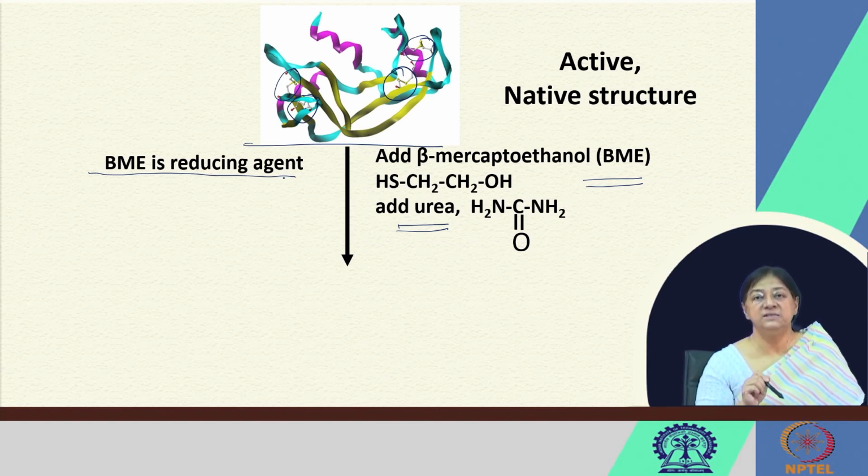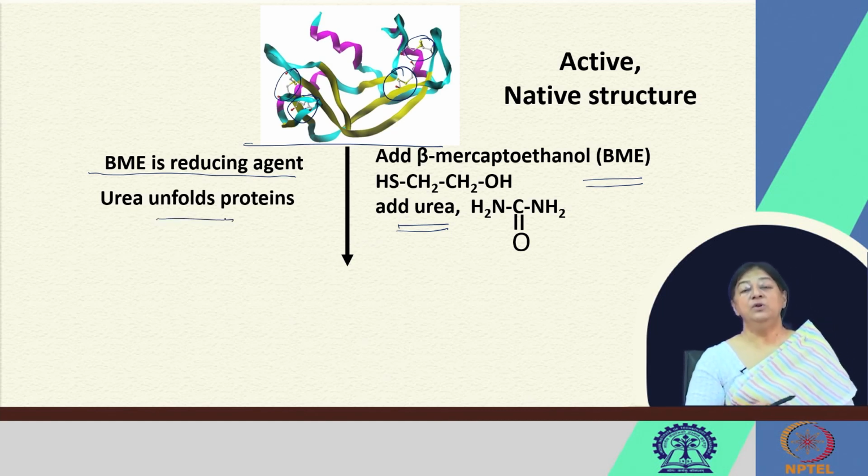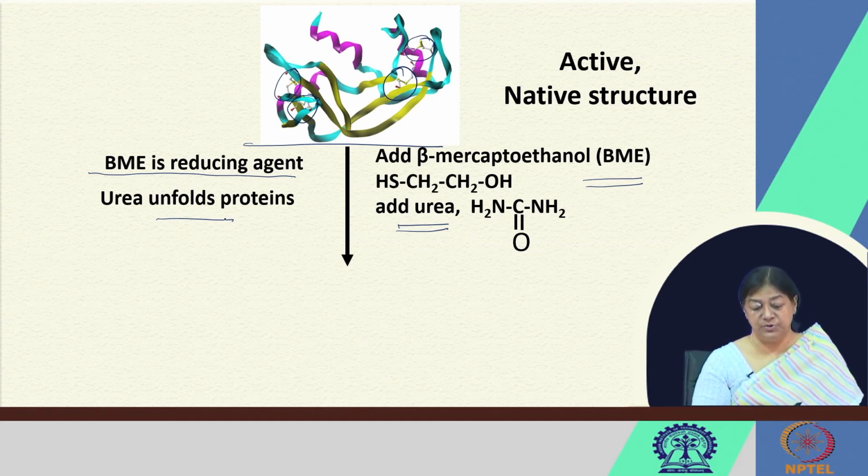The S-S linkage is going back to forming its individual SH as we saw in the previous slide. And urea unfolds proteins. We will be doing this in this module, where we will be looking at what we mean by protein denaturation, as to how, now that we have a folded protein, we can unfold the protein.